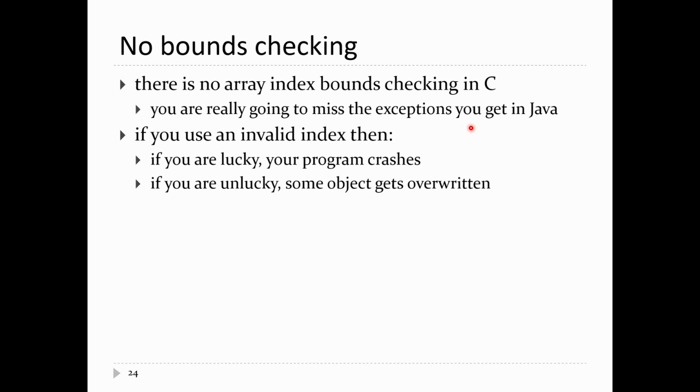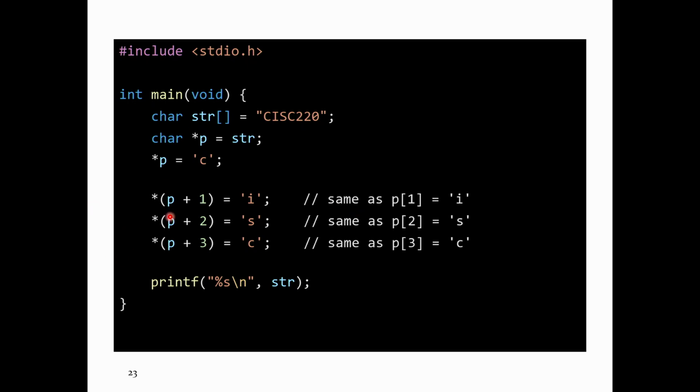If you try to go past the end of the array, you immediately get an index out of bounds exception. Now what happens if you do this in C? Well, if you're lucky, your program crashes. And if you're unlucky, some object gets overwritten. Why does it get overwritten? Because the indexing is just a pointer dereference.